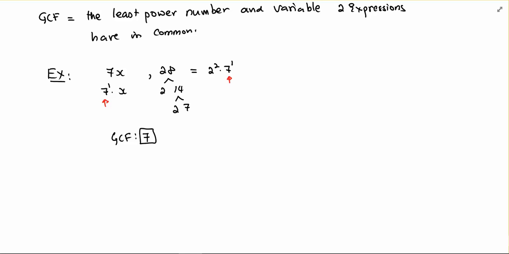Now, this is an example that I want us to study carefully. This simple example. Let's look at this problem. Factor 7x plus 28. Now this strangely is the same process, the same as what you did above.